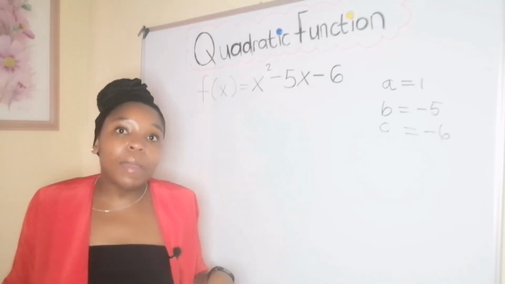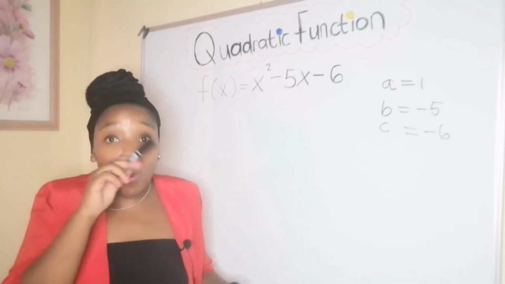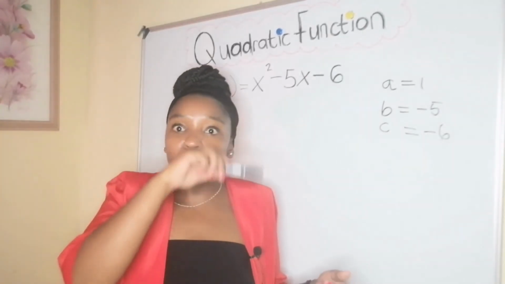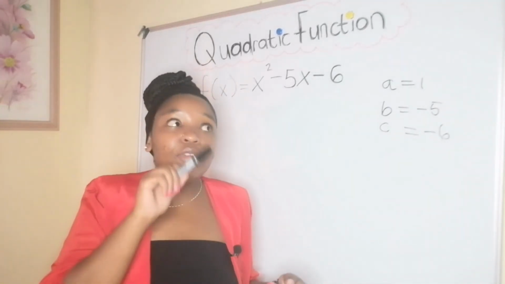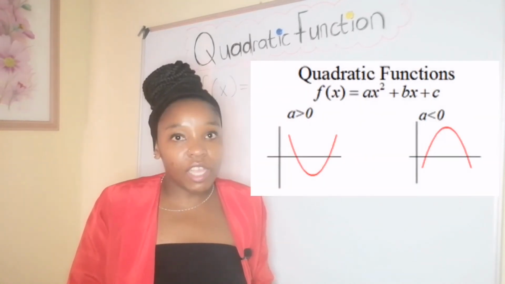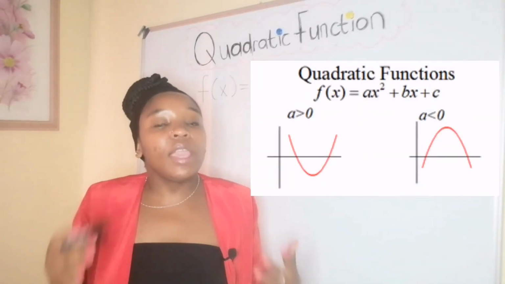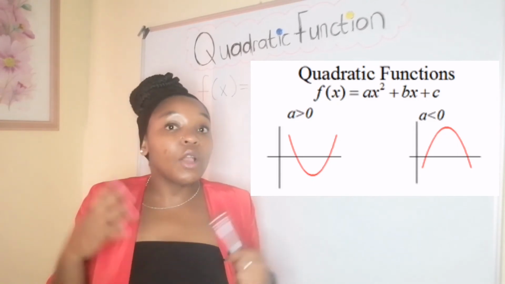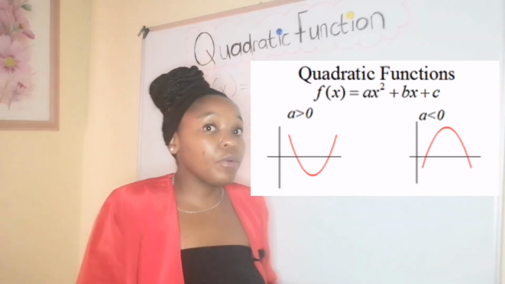And when I talk about the shape, I'm saying, is the quadratic function going to open upwards, or is it going to open downwards, right? If your a value is greater than 0, that tells us that your quadratic function is going to open upwards. And if your a value is less than 0, it's going to open downwards, right?